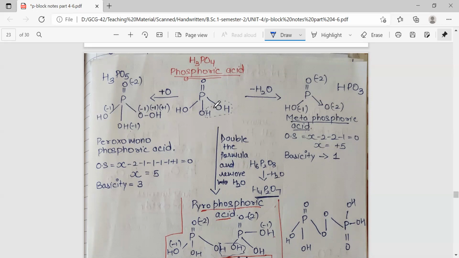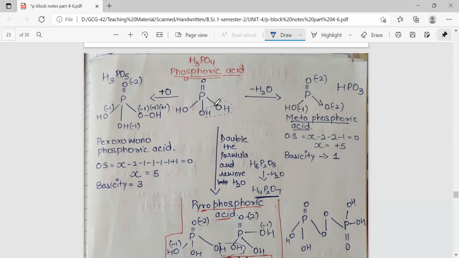Next we have metaphosphoric acid. Whenever we remove one water molecule from a single unit of any acid, that gives it the prefix meta. Pyro comes from doubling the formula and making the oxygen bridge, but here it is meta because we have removed a water molecule from the single molecule.